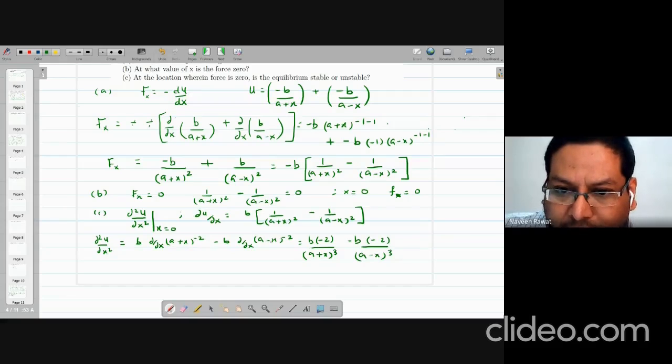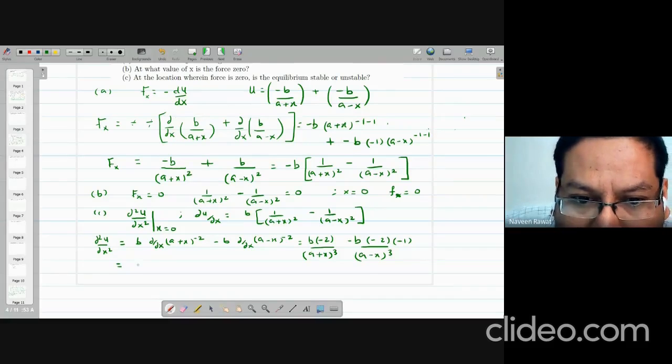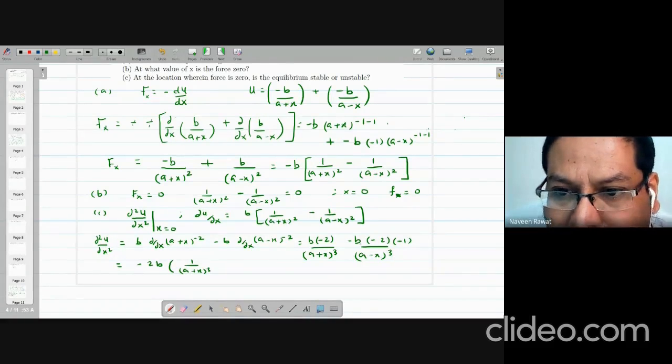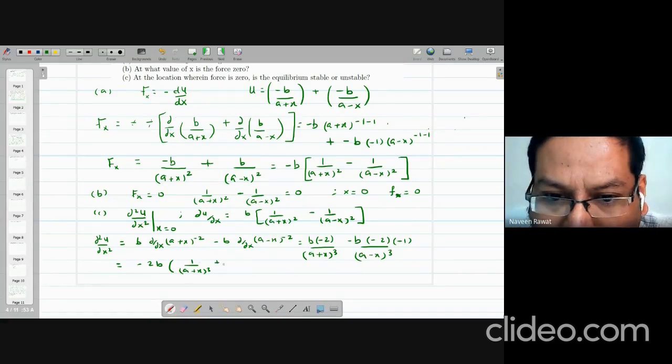Then I have to take the derivative inside. There is a minus x here, so there will be a minus 1, d by dx of minus x. So the first term is minus 2b times 1 by (a plus x) cube. And this term is minus minus minus, so it is again minus 2b times 1 by (a minus x) cube.